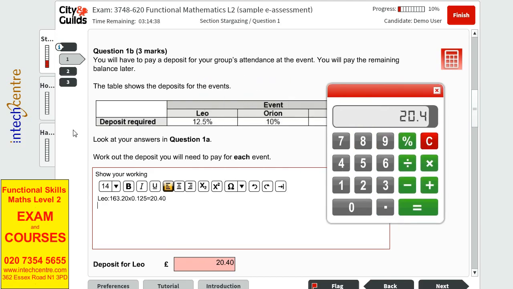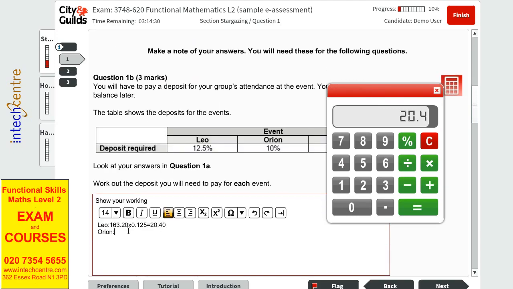Next one, you can move the calculator aside to see your next event is Orion. Alright, and the cost was 252. This one is the most expensive, and we have a 10% deposit to pay, times 0.1.